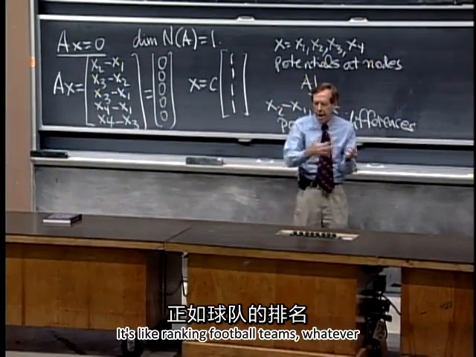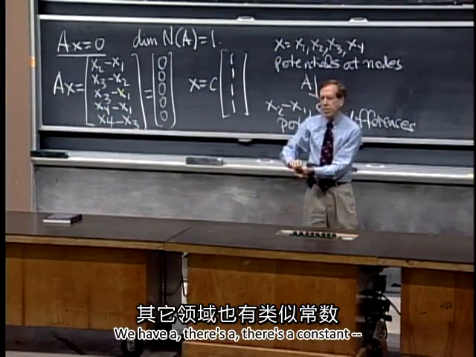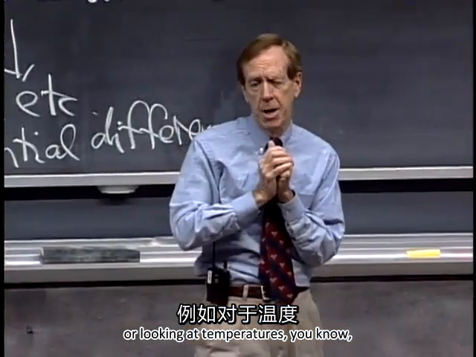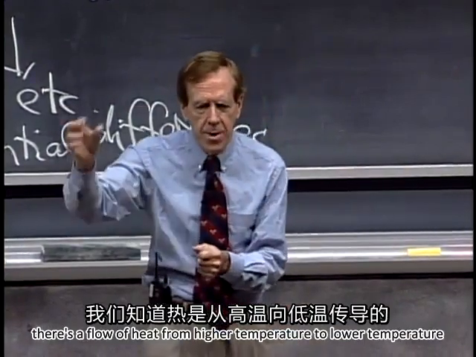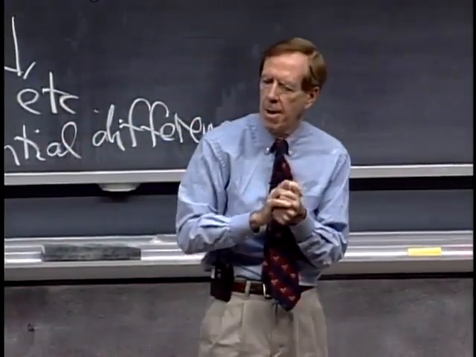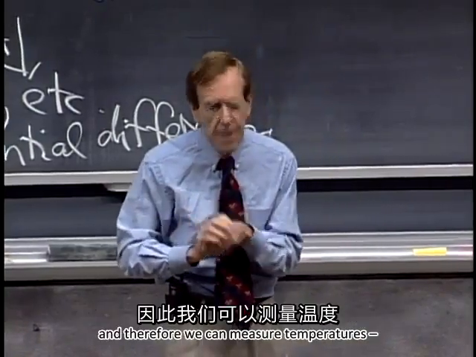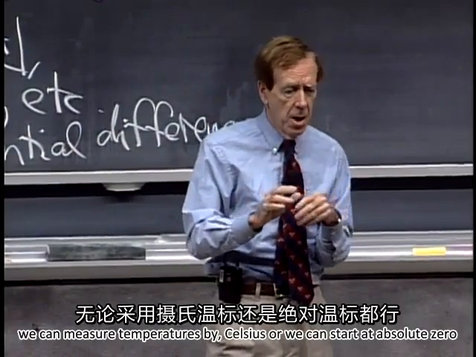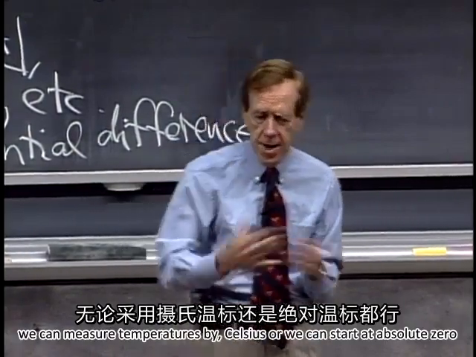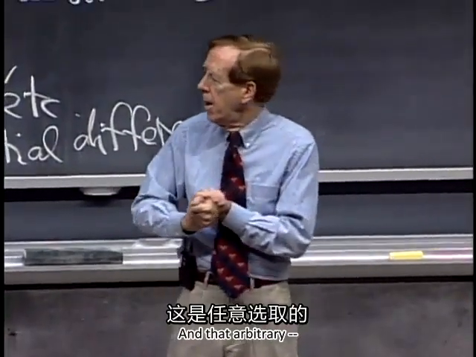It's like ranking football teams, whatever. We have a constant, or looking at temperatures. You know, there's a flow of heat from higher temperature to lower temperature. If temperatures are equal, there's no flow, and therefore we can measure temperatures by Celsius, or we can start at absolute 0.